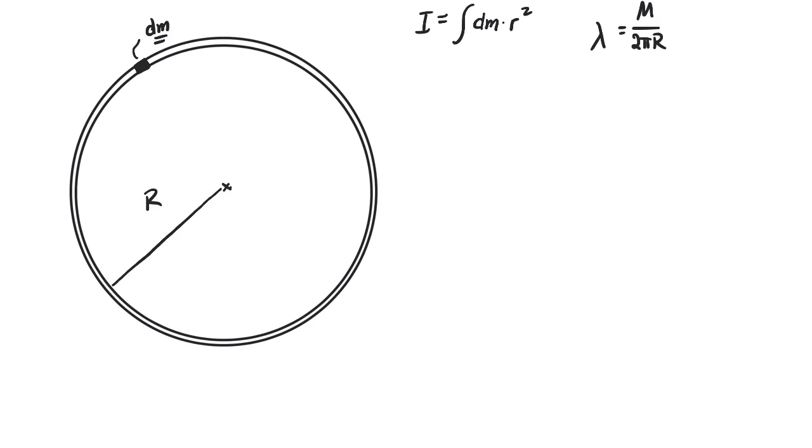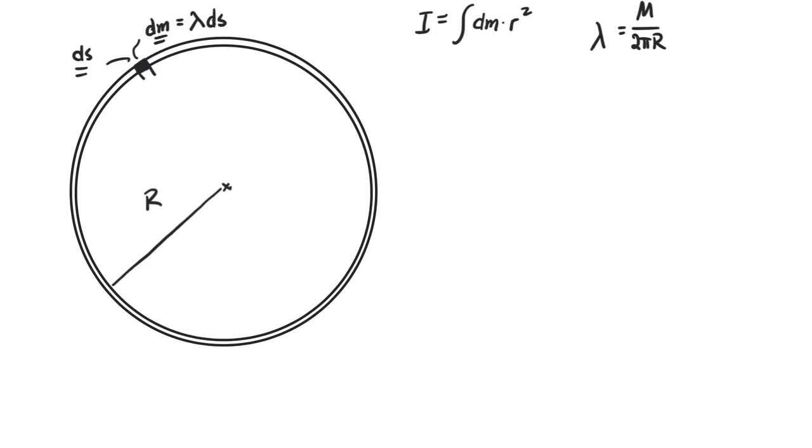I want to find a way of expressing dm in terms of the length of the object. So that's what I'm going to do next. I'm going to assume that this piece has a length that I will call ds. S is traditionally used for arc length. So assuming that that's an arc length of the object, I can write this as lambda ds.